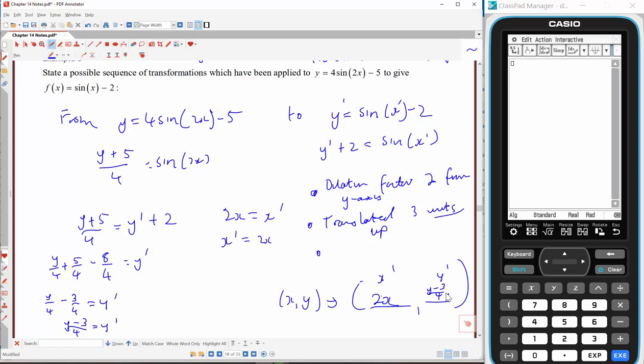And finally, it was multiplied by a quarter. So we're going to say dilation factor quarter from x axis, and we've got them.